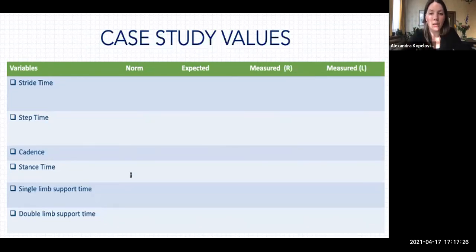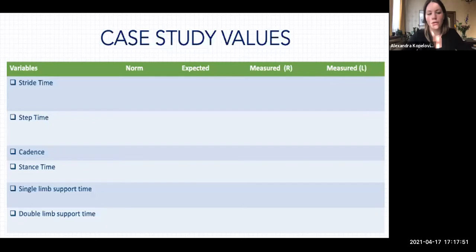The second column is the norm, what's normal in the average population. The third column is the expected, but it's expected for our patient scenario. You will see what I'm talking about once we get into specific variables. And finally, the last 2 columns are measured for the right lower extremity and measured for the left lower extremity.